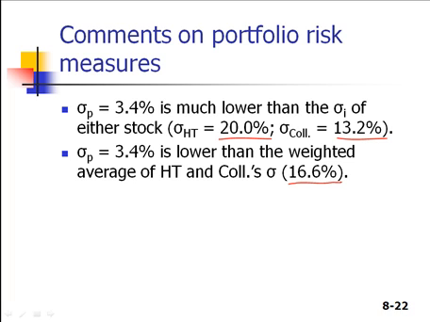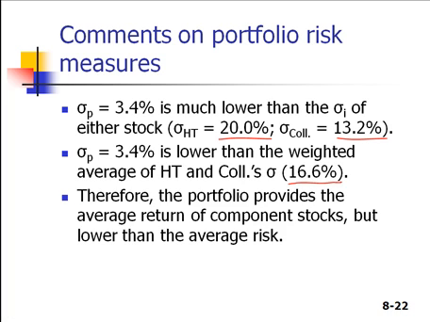One thing I can tell you with certainty is that it will never be more than that weighted average, and in fact, it will almost always be less. There is only one really special case where it would even be equal to that amount. And in almost every real world case, it would be less than the weighted average of the two standard deviations.